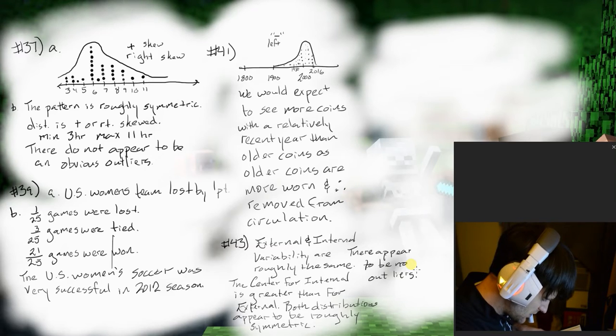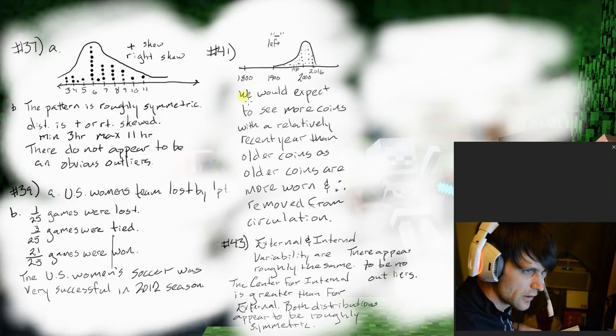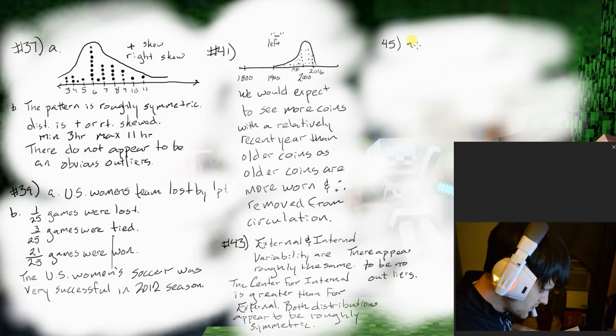This time, each stem has been split in two, with values ending in 0 through 4 placed on one stem, and values ending in 5 through 9 placed on another stem. So, why did we split the stems is question A. Let's write number 45A. Why do we split the stems? Why do you guys think we split the stems?